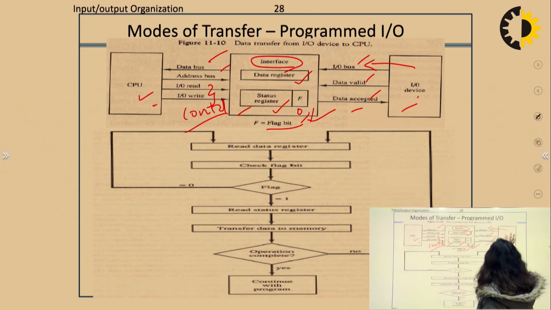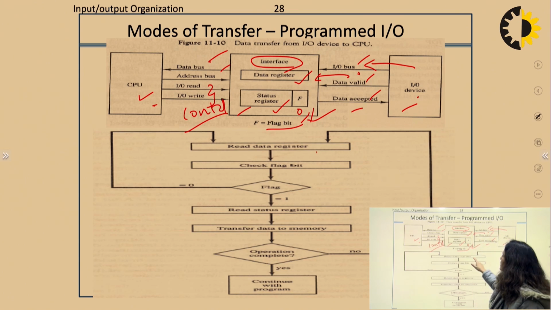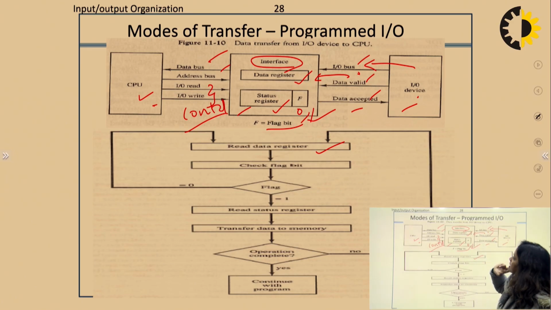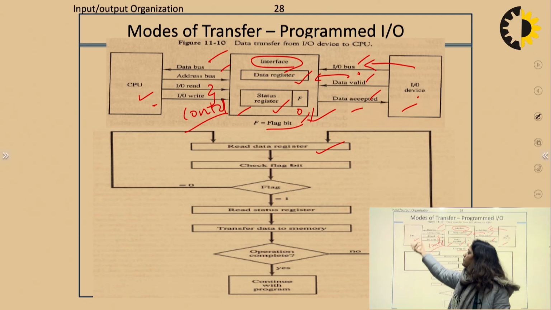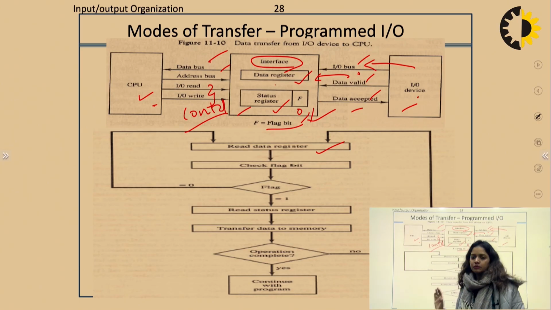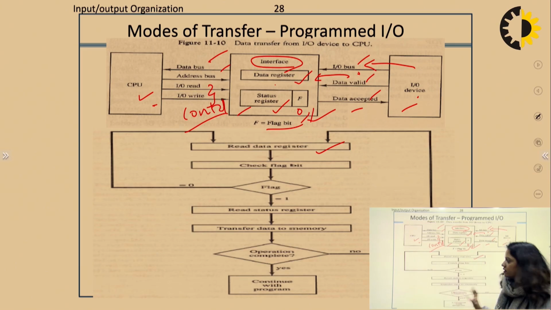This indication goes to the interface. Then the CPU reads the data register to check whether data is available in it or not, and the flag is checked to see whether it is 0 or 1. The CPU keeps looking for the availability of data in the data register, which is put there by the input-output devices.